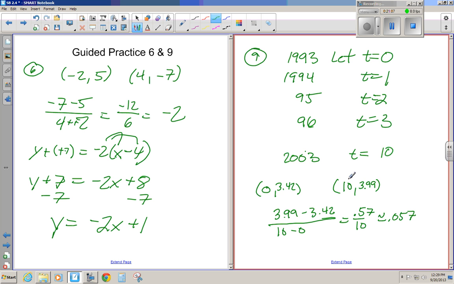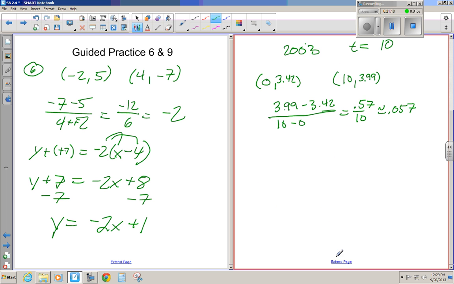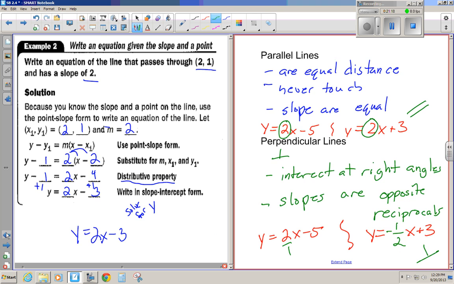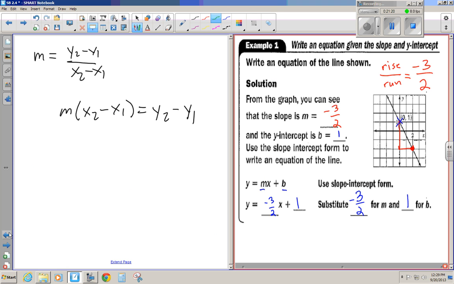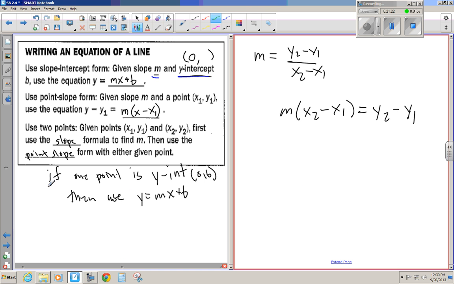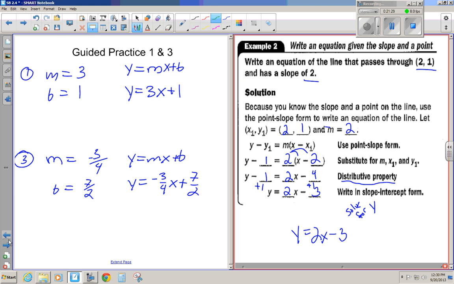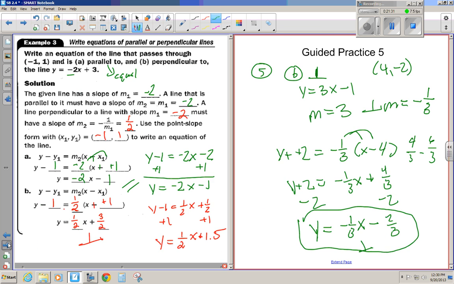All right, so we know m. Now, at the beginning, way back, I said if one point is the y-intercept, then use mx plus b form, because you don't want to go through all the extra work if you don't have to.